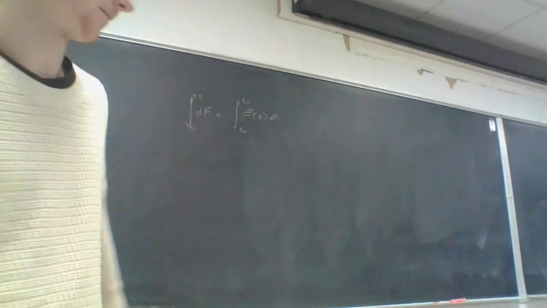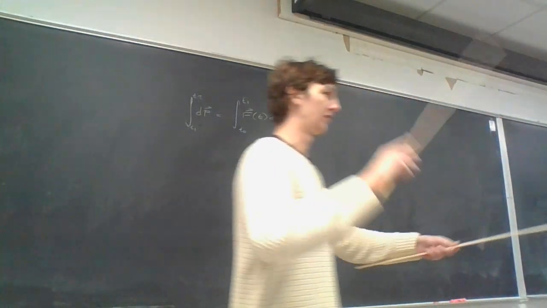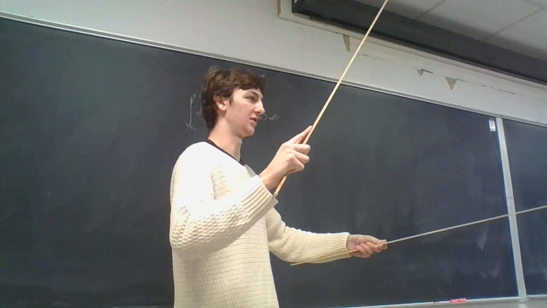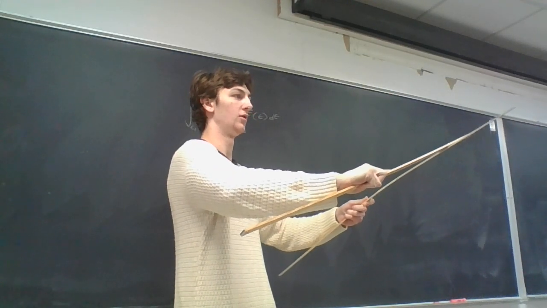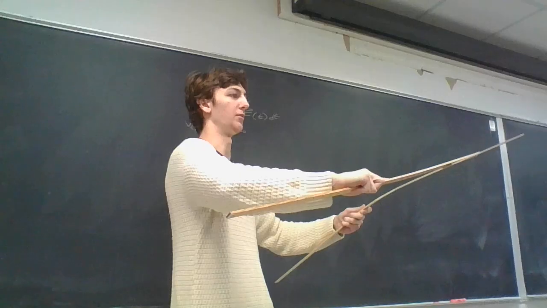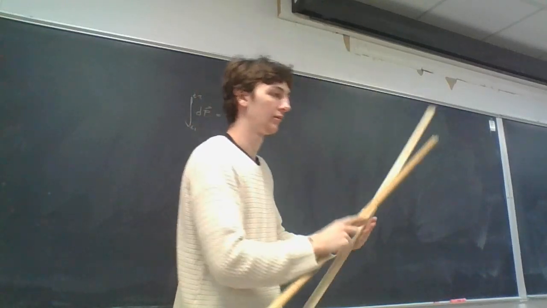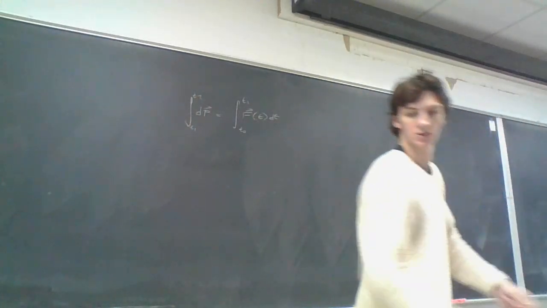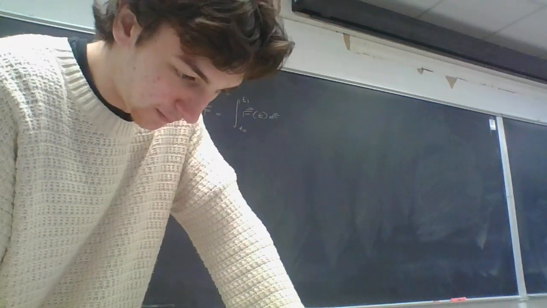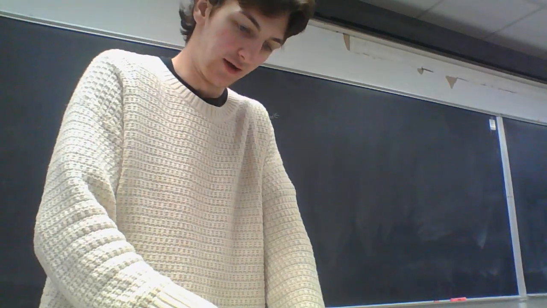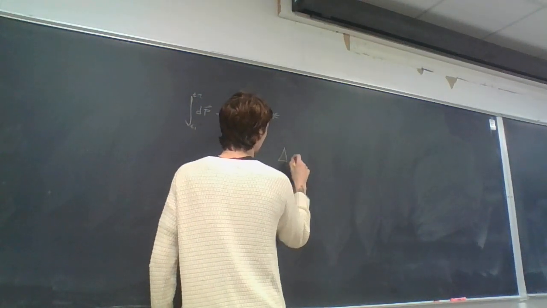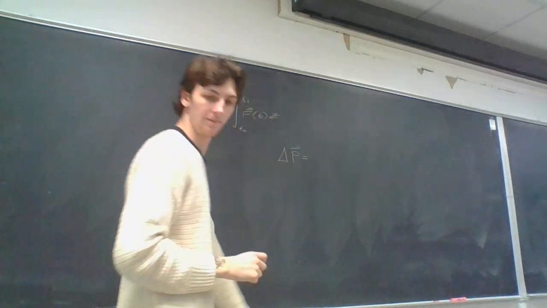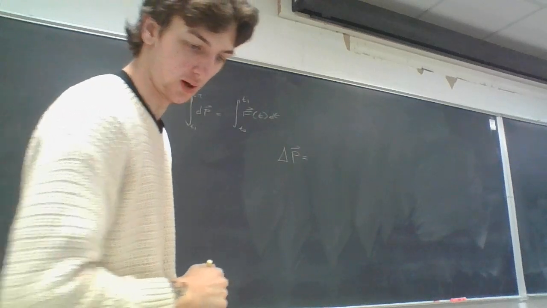In other words, if I take two rulers and smack them together, there's this thing called impulse, and that has to do with how long they were touching each other and how much force they apply to each other. It's useful because of the linear momentum impulse theorem, which states that change in momentum is equal to the impulse.